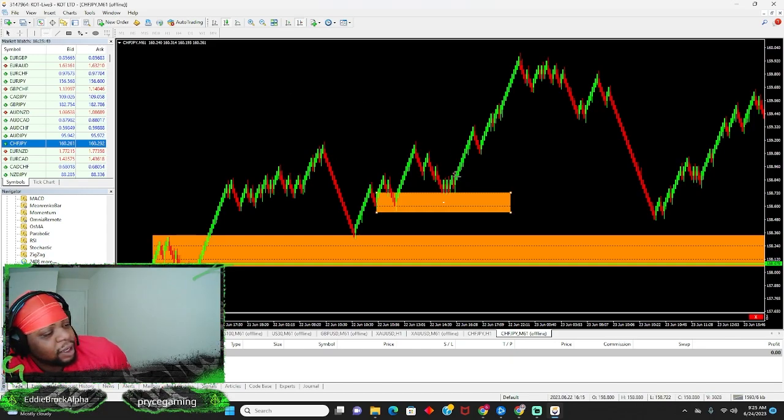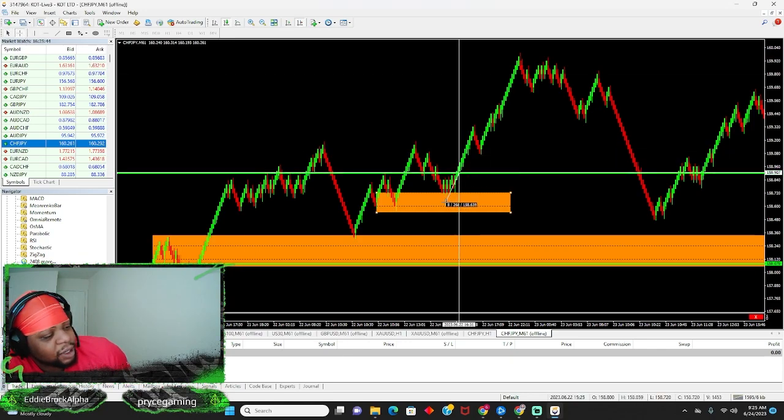You would have waited, got in your trade here. Stop loss could be under here for 22 pips, under here for 39, 40. Break past these highs. This is where I would use my EMA to basically tell me to get out.